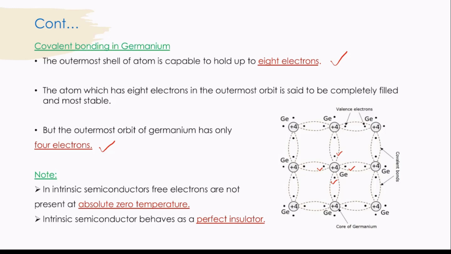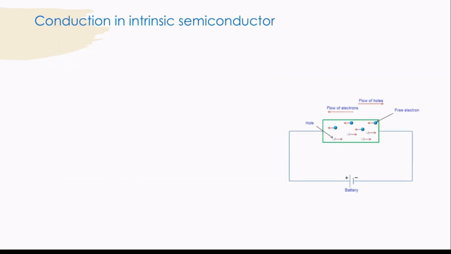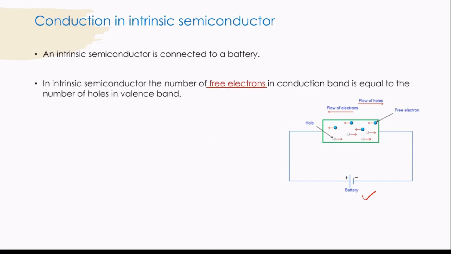The points to be remembered are, in intrinsic semiconductor, free electrons are not present at absolute zero temperature, and the intrinsic semiconductor behaves as a perfect insulator at low temperatures. Next is conduction in intrinsic semiconductor. Now, if an external voltage or a battery is applied to the intrinsic semiconductor, then the number of free electrons in the conduction band will be equal to the number of holes in the valence band.